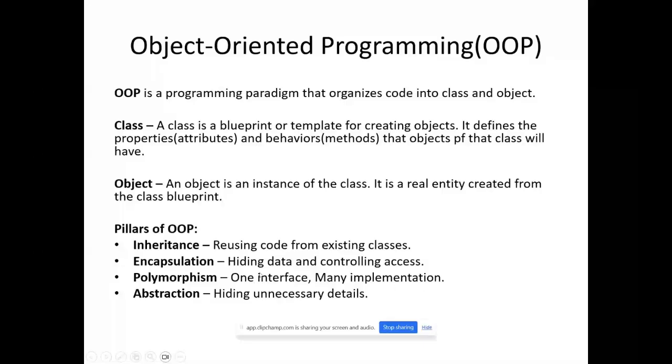So that is called polymorphism. And the last pillar of OOPS is abstraction, where we are hiding unnecessary details.